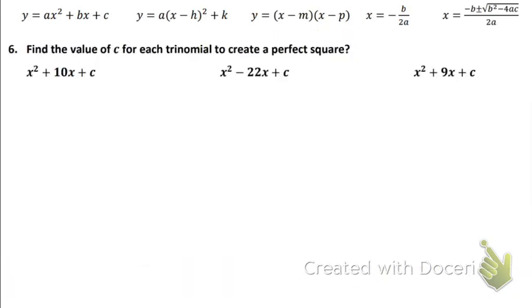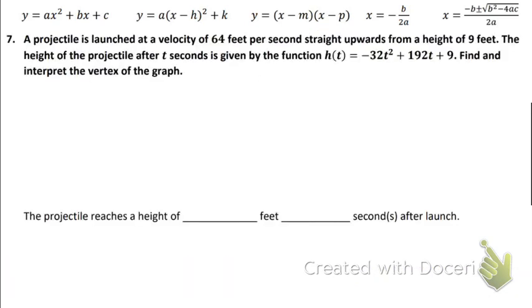Number 7. The very last sentence of this tells me what we're trying to find. What are we trying to get to on number 7? The vertex. The vertex of a parabola is always going to be (h, k).